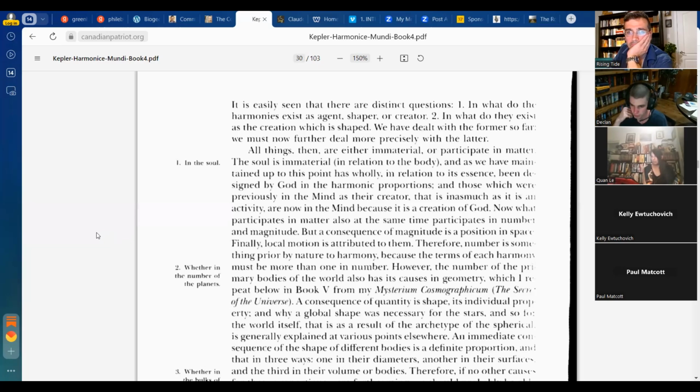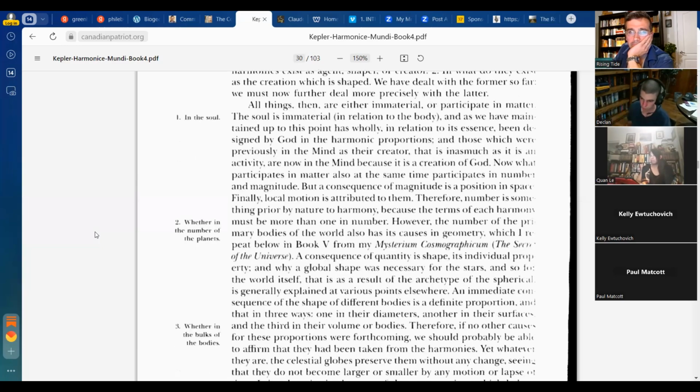Therefore, number is something prior by nature to harmony, because the terms of each harmony must be more than one in number. However, the number of the primary bodies of the world also has its cause in geometry, which I repeat below in Book 5 from my Mysterium Cosmographicum, the secret of the universe.